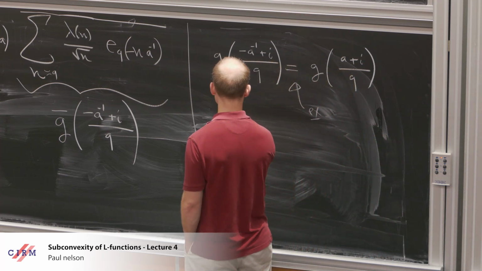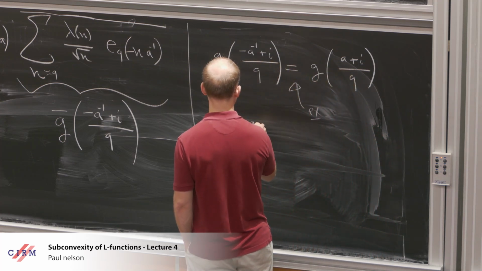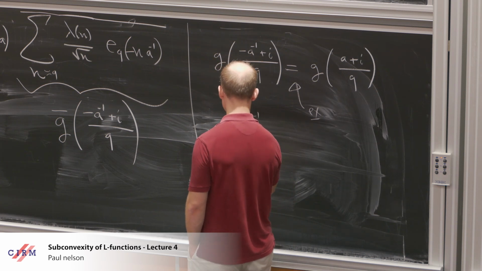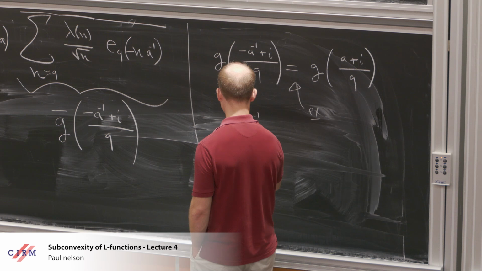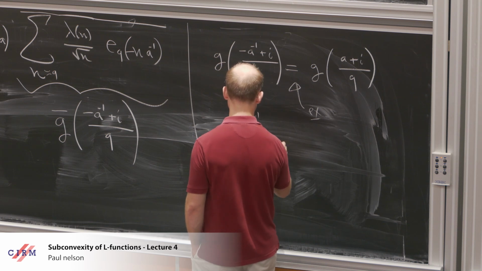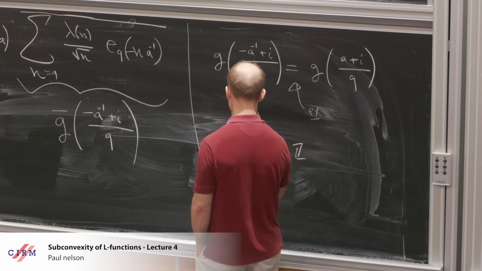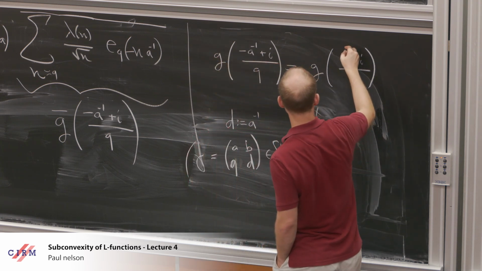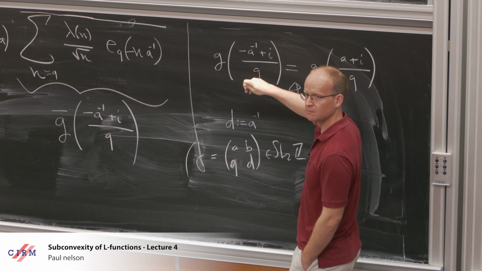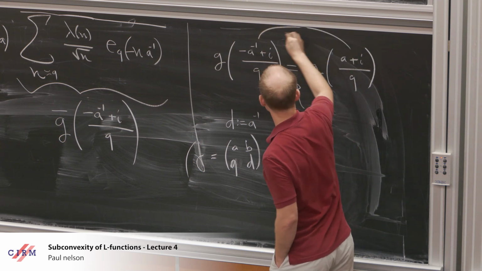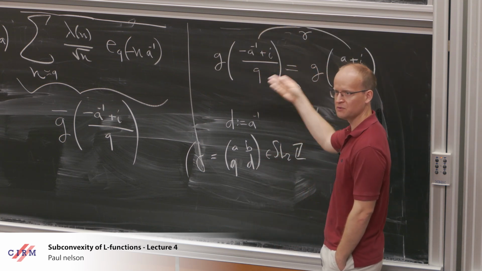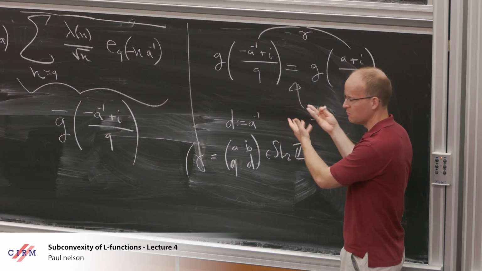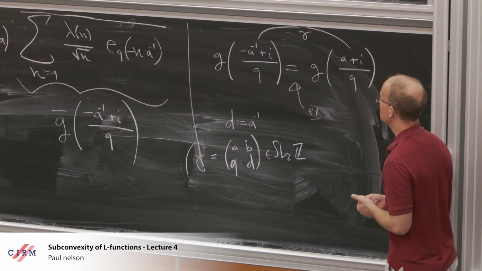So in fact, if we write, let's say, d for a inverse, so that we can make a matrix a, b, q, d in SL2Z, and call that matrix gamma, then gamma will send one of these arguments to the other. So these two arguments are related via the matrix gamma. So the modularity of g gives you this identity, and this is just a way to think modularly about Voronoi summation.